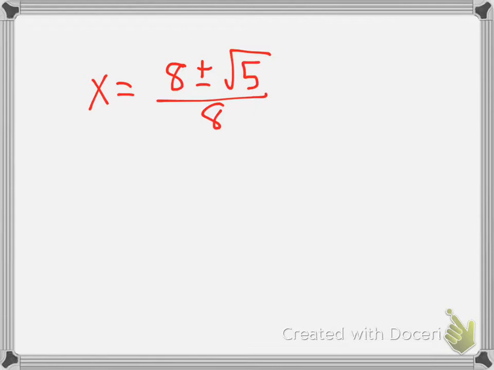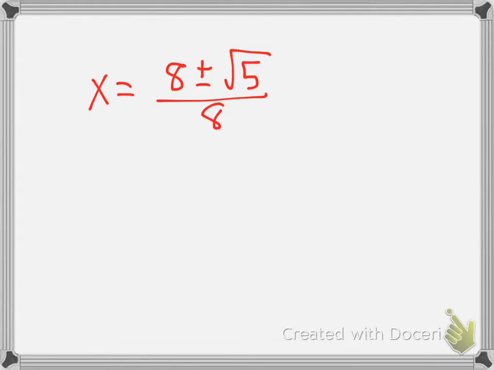The temptation here is to cancel those 8s out, but you can't do that. The only way you can cancel something out is if all 3 pieces of this have a common factor, and only 2 out of the 3 have a common factor here.